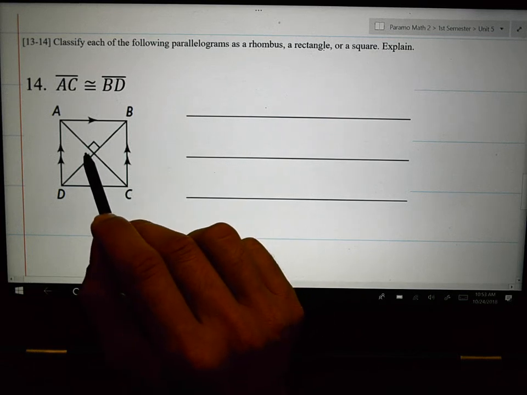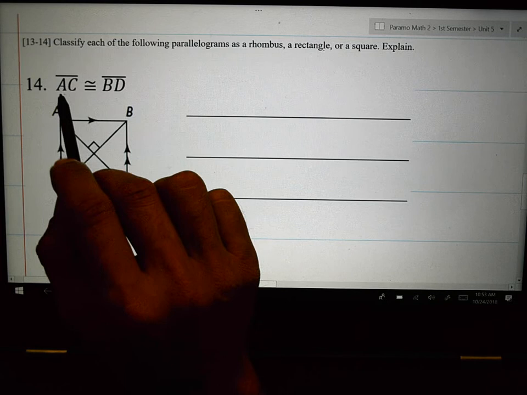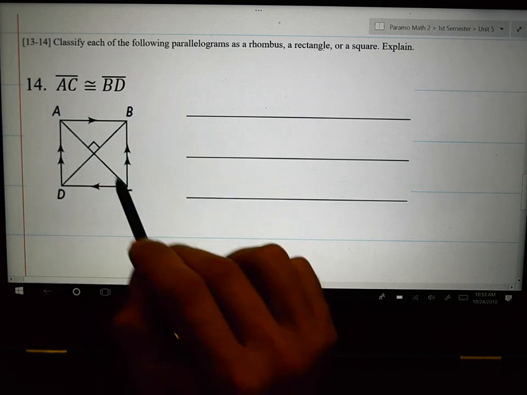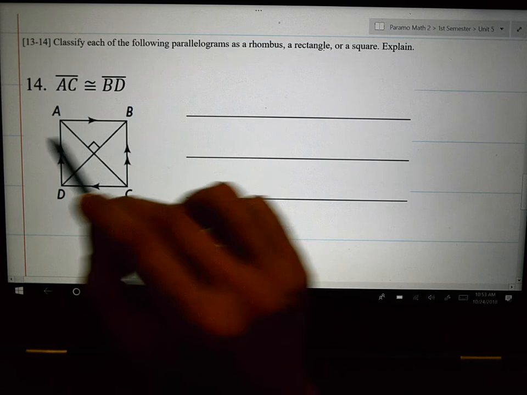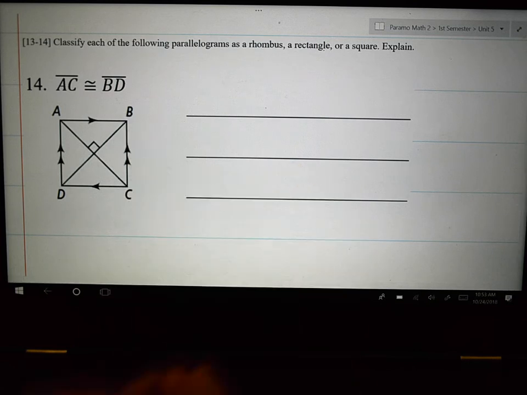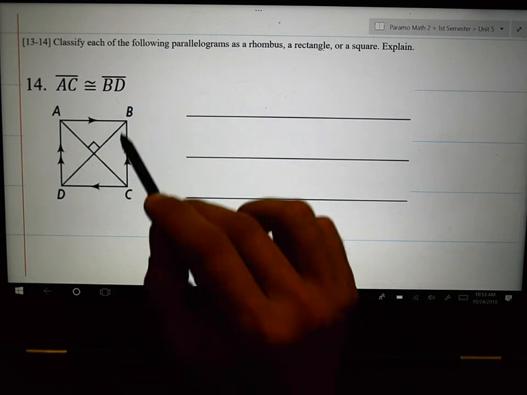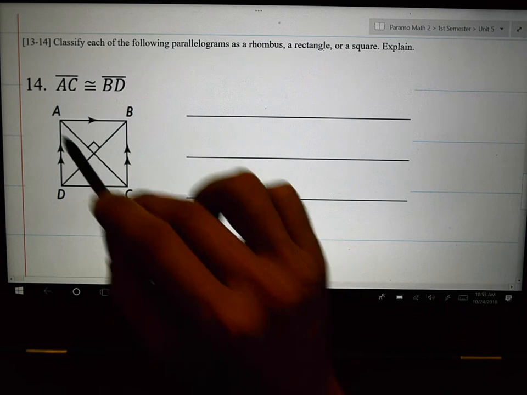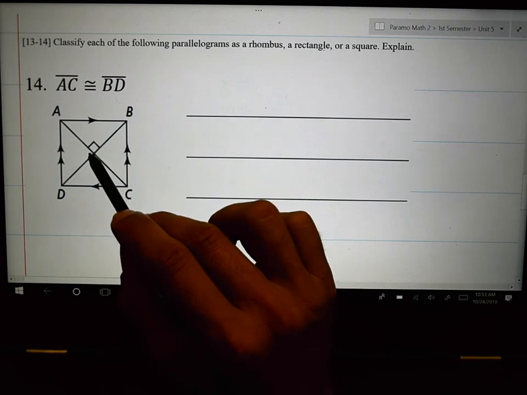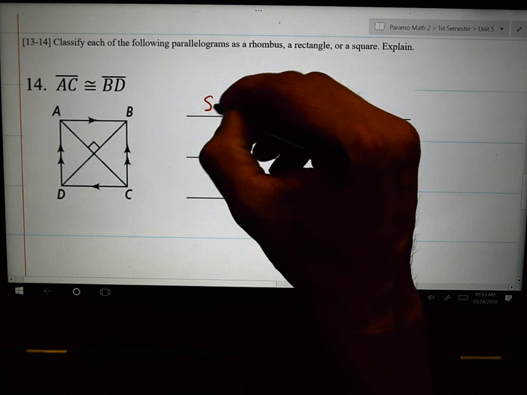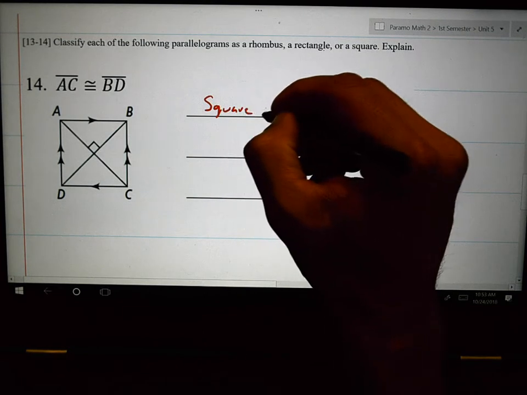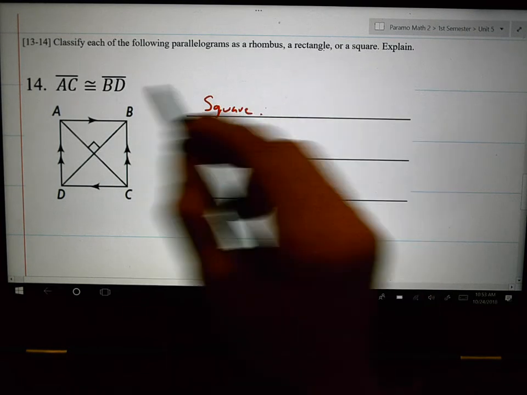But it also tells me that AC is congruent to BD. This diagonal is congruent to this diagonal. The only way that the diagonal will be congruent to the other diagonal if it's at right angles is if this is a certain shape. It's only if it is a square. Oh, it's a square.